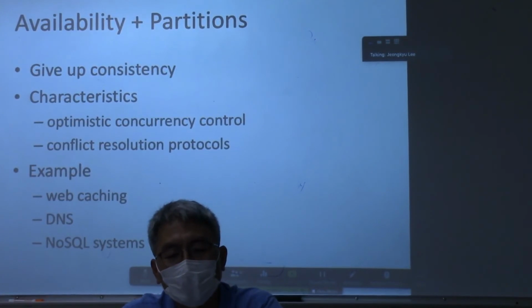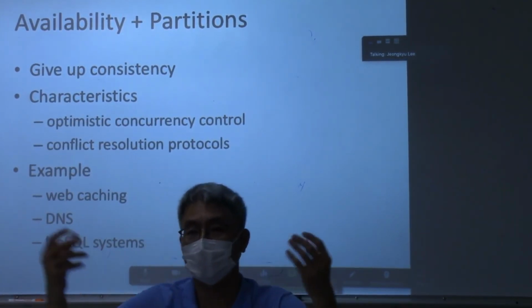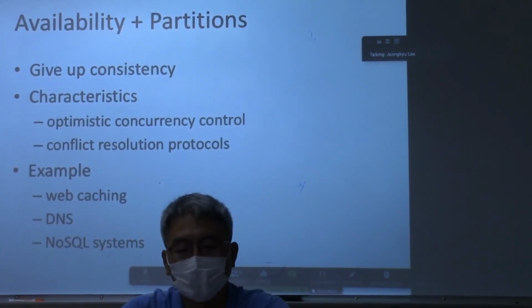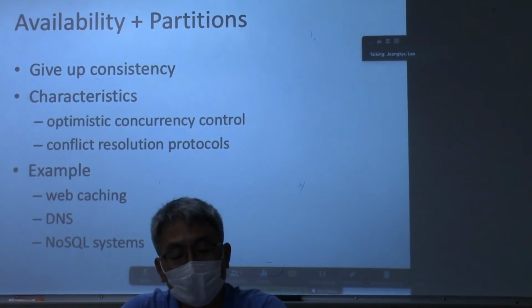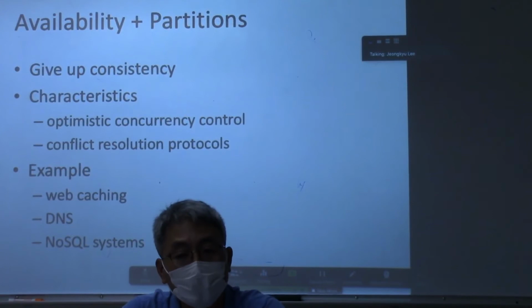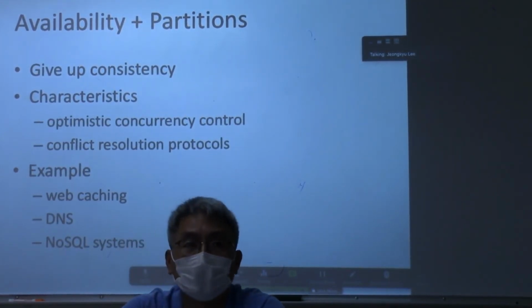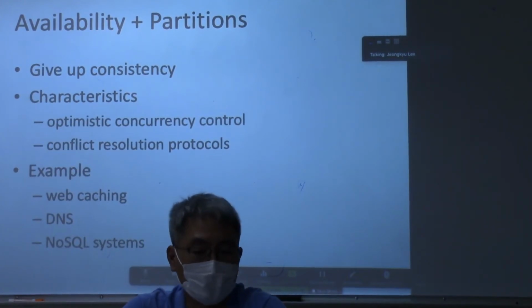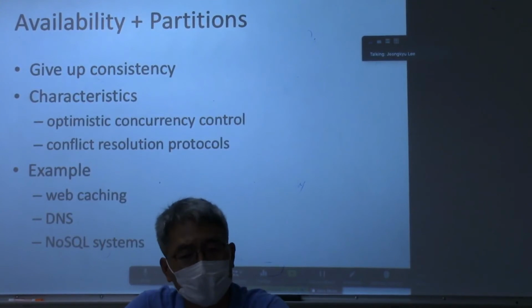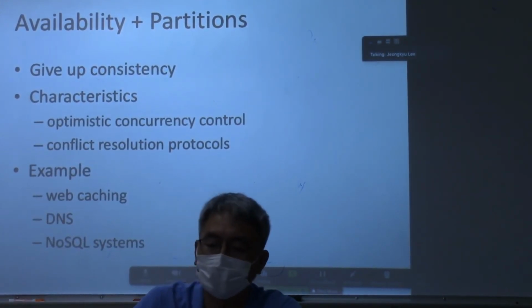It's optimistic concurrency, which means it's allowed to access the data, but users may see different values. Many NoSQL databases support this availability and partition, giving up or relaxing consistency. Web caching and many distributed systems nowadays use this availability plus partition.